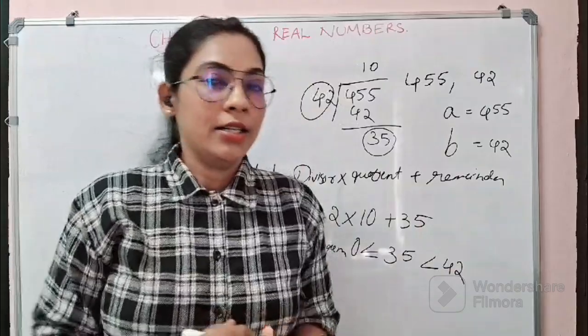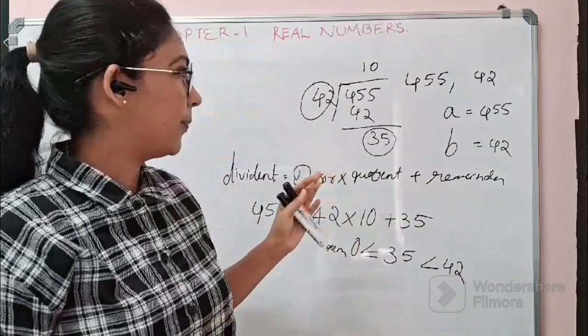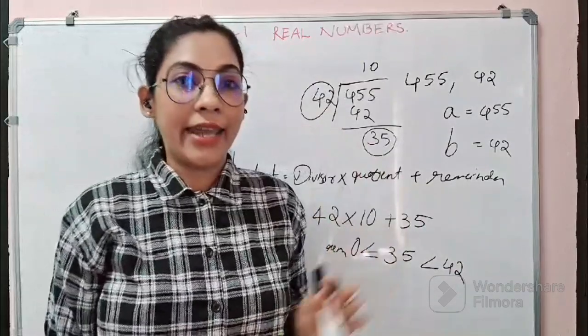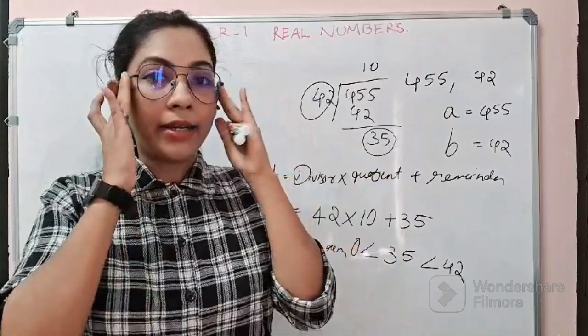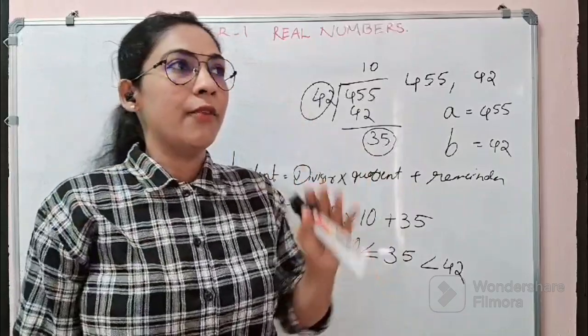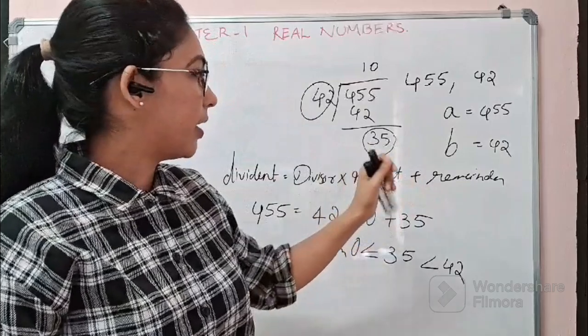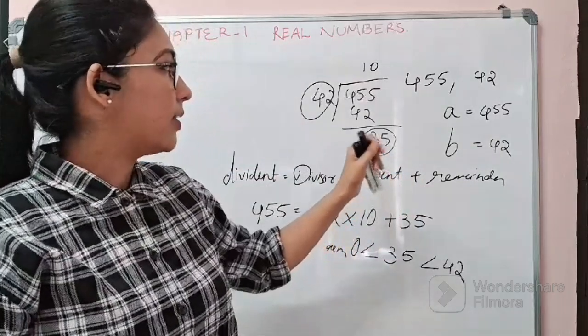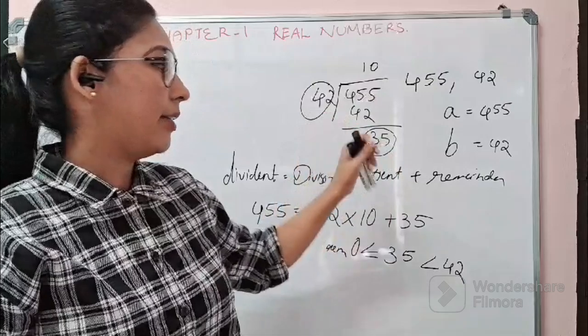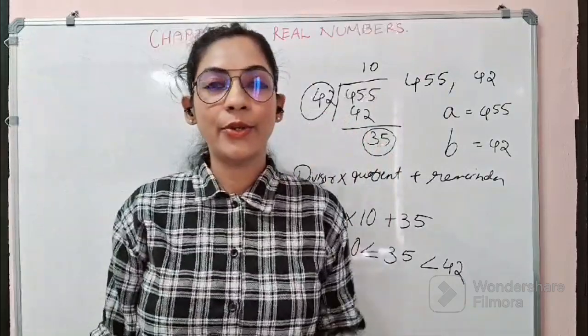So we can conclude that any positive integer a can be divided by another positive integer b in such a way that it leaves a remainder r that is smaller than b and greater than or equal to 0. So here is the proof.